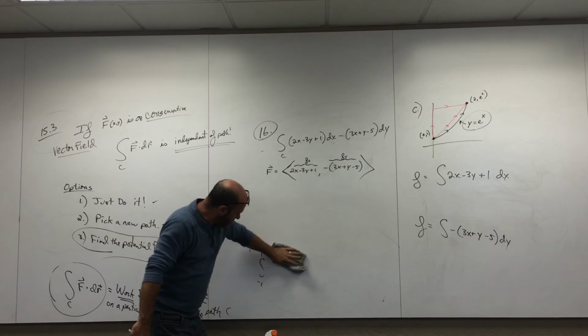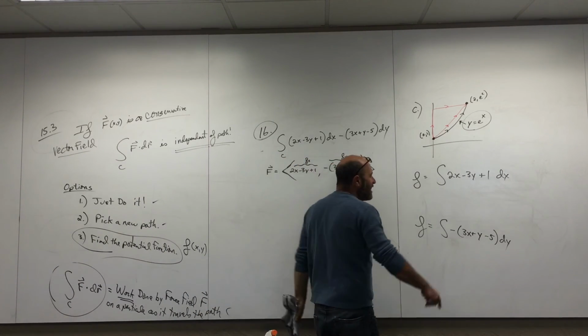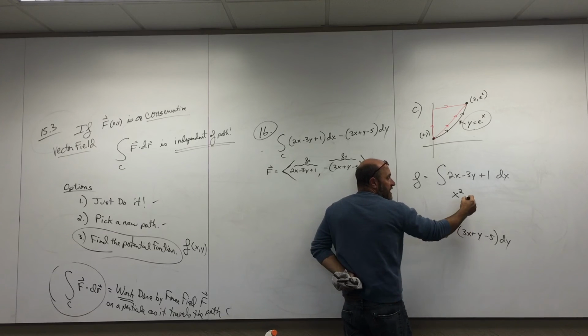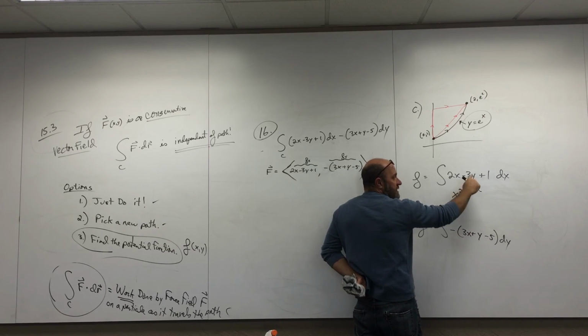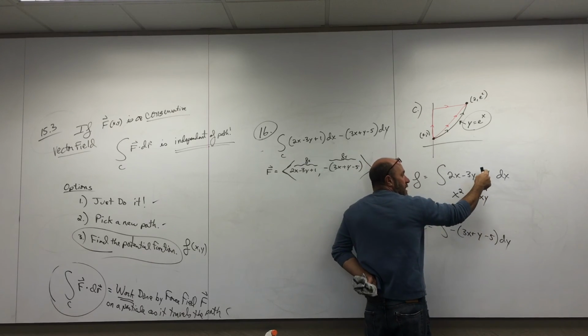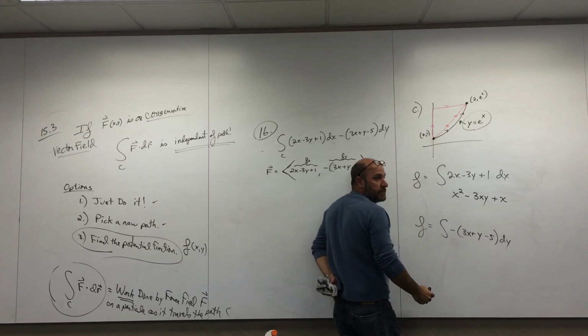All right, here we go. Integrating with respect to x, I think that's x squared over 2, which kills the 2. Integrating with respect to x, I think that's a negative 3xy. Integrating with respect to x, I think that's a plus x.